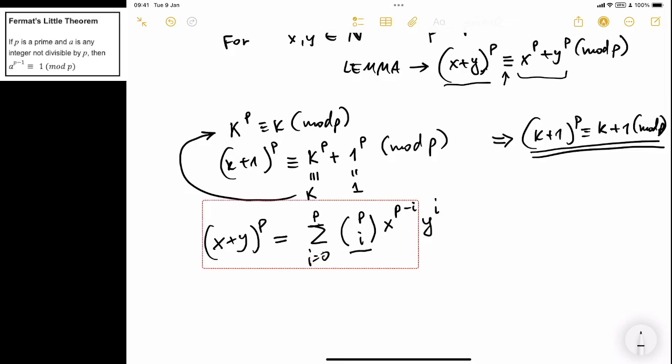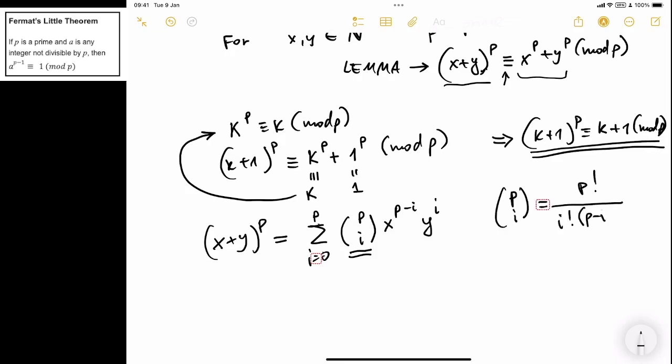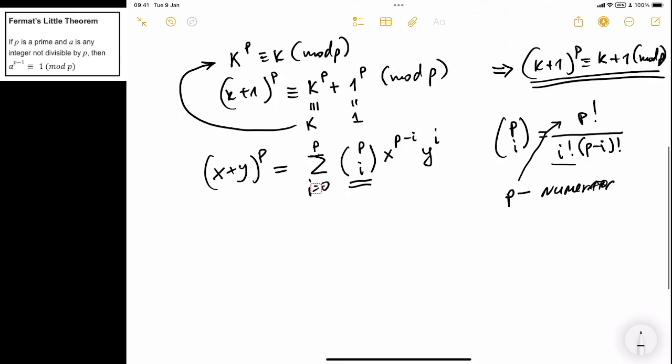Let's consider these binomial coefficients: p choose i equals p factorial over i factorial times p minus i factorial. So we see that there is always a p in the numerator, and in the denominator all these numbers i are less than p.